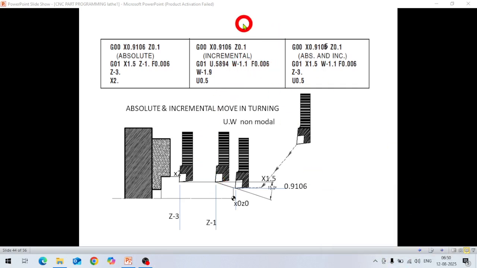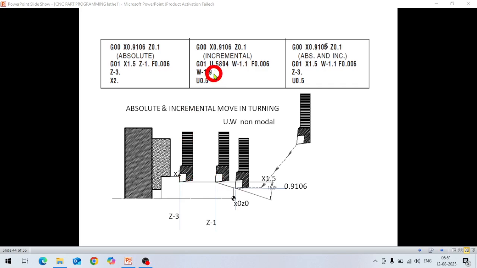Okay. Then the next move is from here, because this is your 0 now. Again the next is W minus 1.9. Because it has come 1.1 here, now it is 3 minus 1.1, which is 1.9. W minus 1.9, because this point becomes 0 now, and from here to here it will be 1.9.